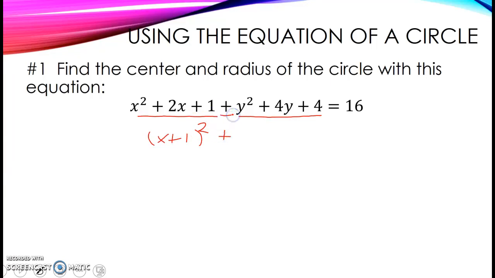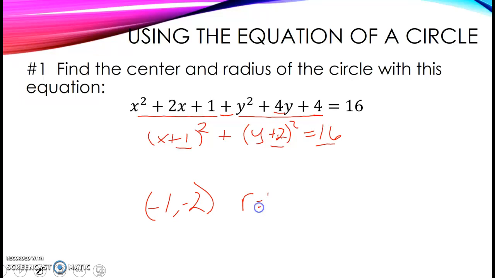Plus, that's this plus sign, and then the y squared plus 4y plus 4 could be written as y plus 2 squared. Because half of the 4 is 2, and 2 squared gives me 4. That equals 16. So the center is at the point -1, -2. That's the h and the k, and the radius is the square root of 16. So the radius is 4.